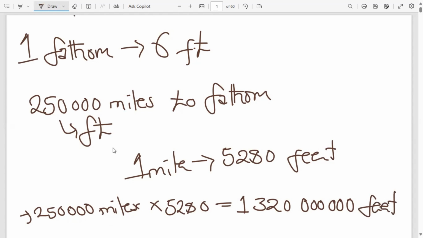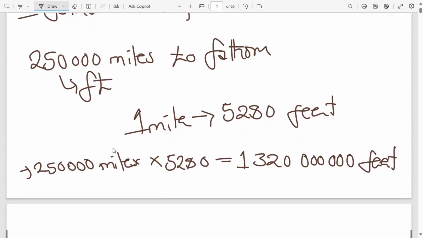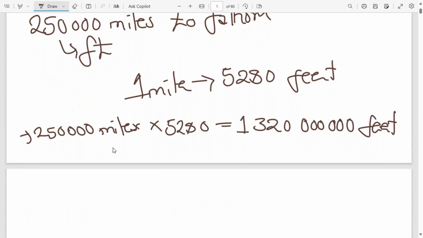From the Earth to the Moon, we have 1,320,000,000 feet. So we can now convert from these feet into fathoms. We've been told 1 fathom is equal to 6 feet, so we divide this number by 6.